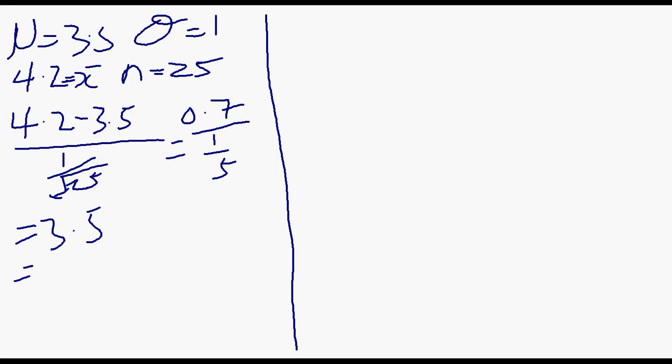So now we are going to plot this 0.5 on the Z table. Plotting it on the Z table, for 0.5 we are getting 0.99977, which is approximately 1.